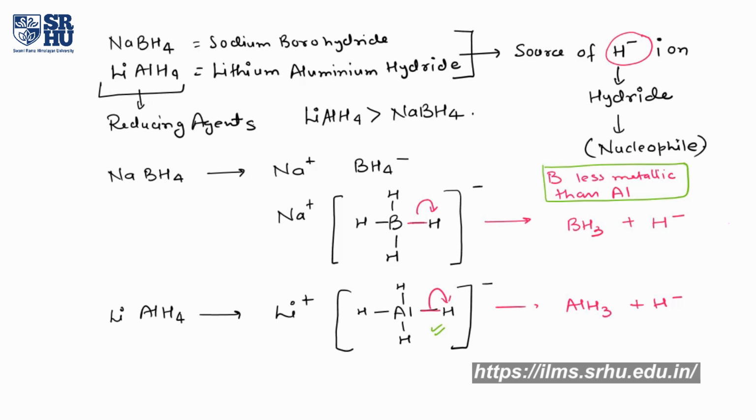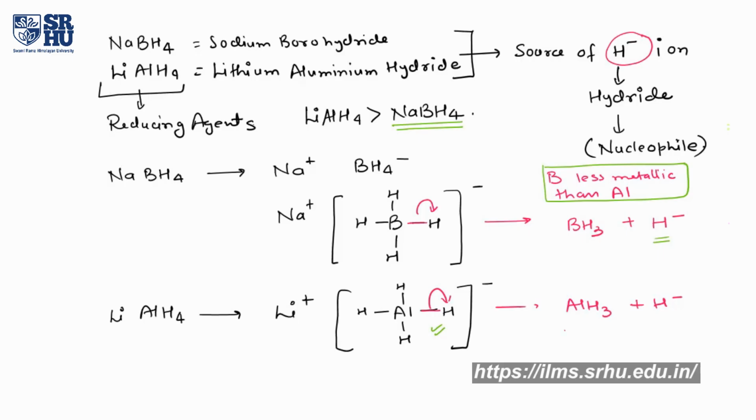So boron, because it is not easily giving H negative ion, will not easily reduce everything. So it means that NaBH4 becomes a weaker reducing agent than LiAlH4. A stronger reducing agent will be the one which releases H negative ion faster.